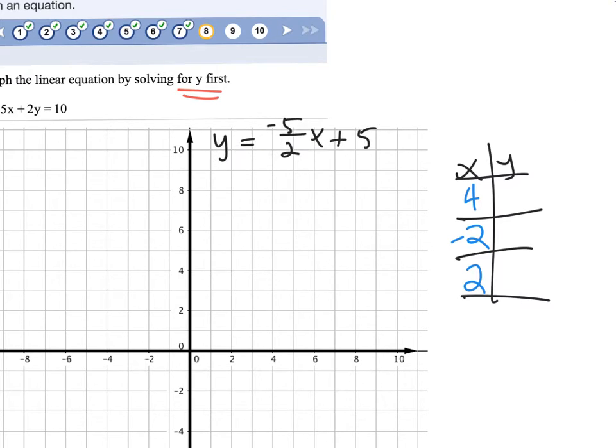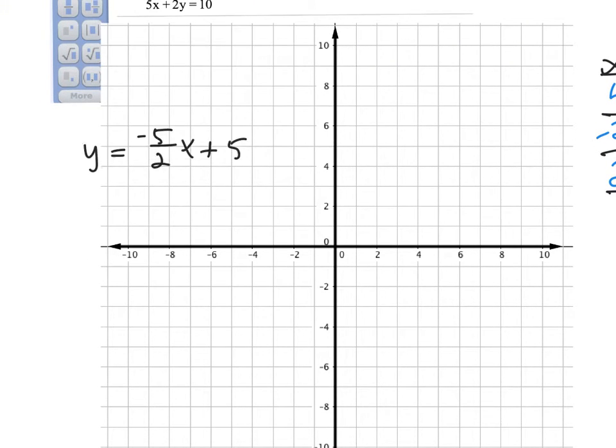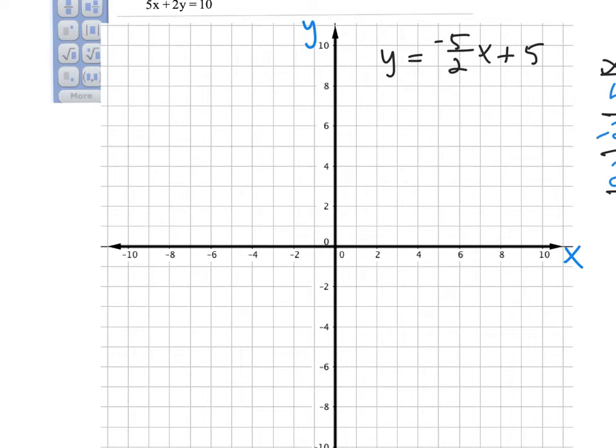So I'm just going to bring this over here, and here you go. So here's the shortcut. This number here, and it happens to be positive 5, tells you where on the y-axis to start.